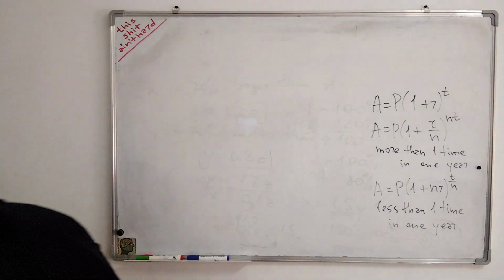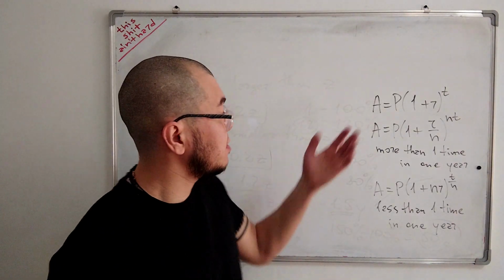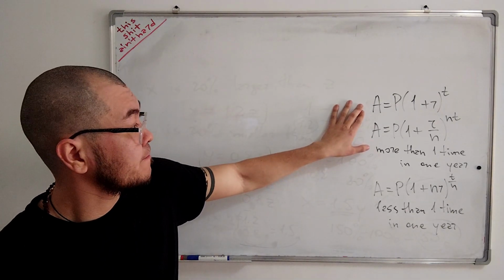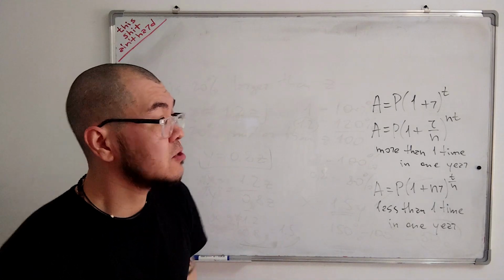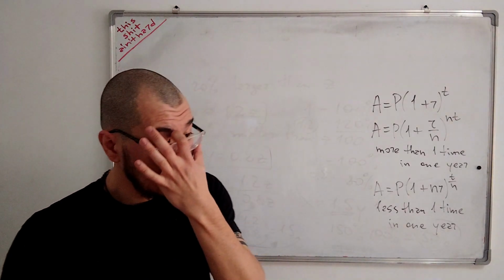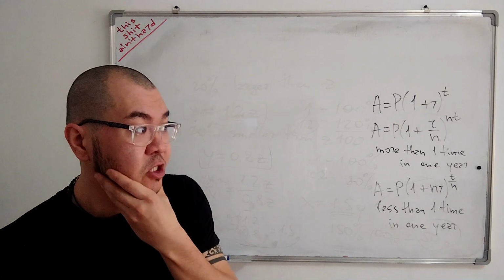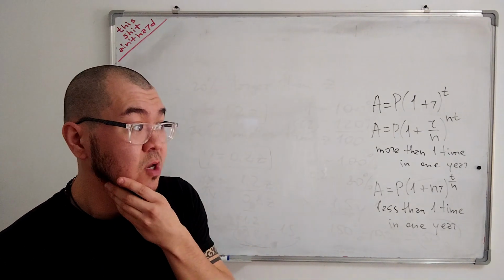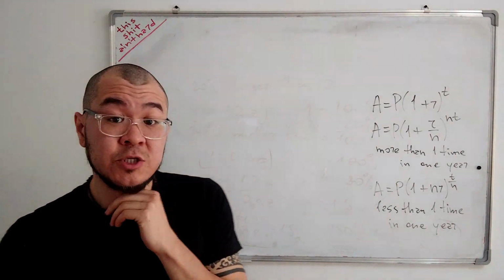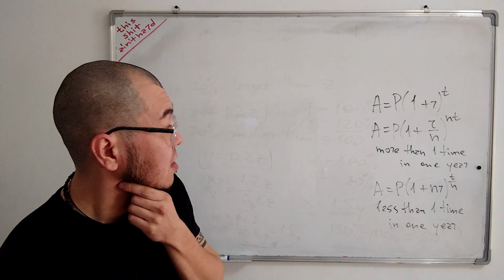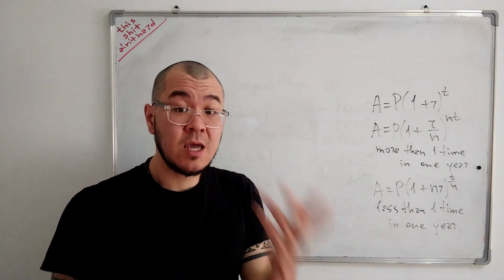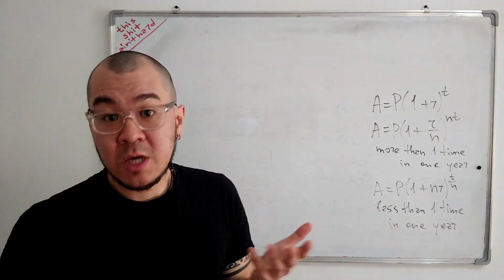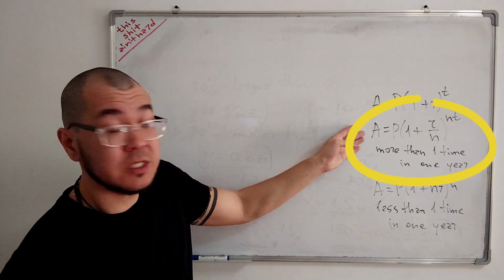We have to remember this expression that gives us the total amount of money or population when we have compound interest, or exponential growth. In this situation we have compound interest, and the key word to solve this problem is the word semi-annually. So we use this equation.